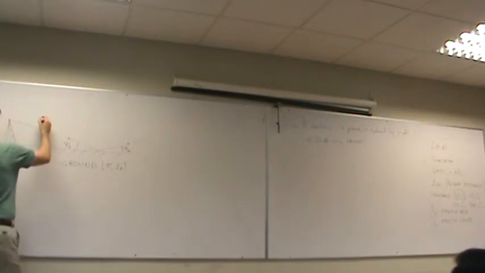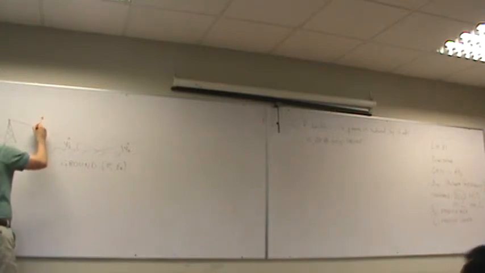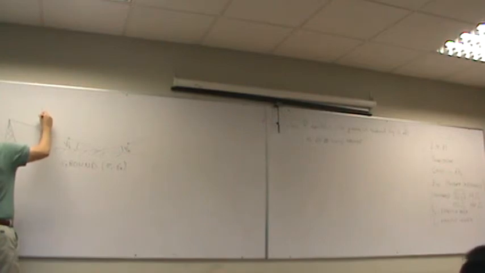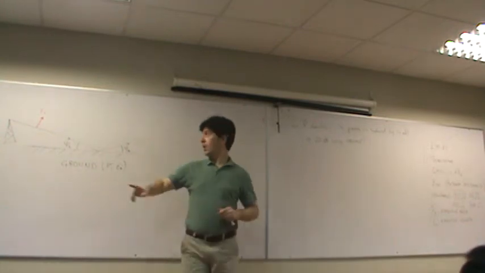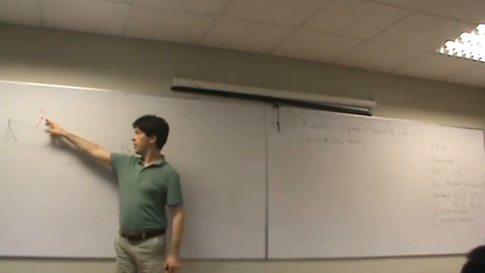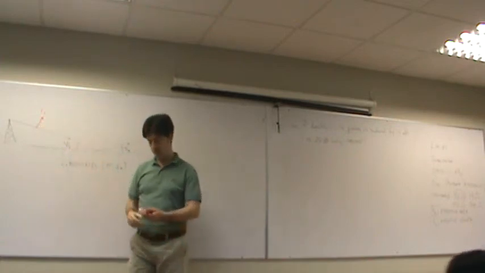Now, the situation is different when you have the so-called vertical polarization. There's the electric field, the direction of the electric field of the incident wave.